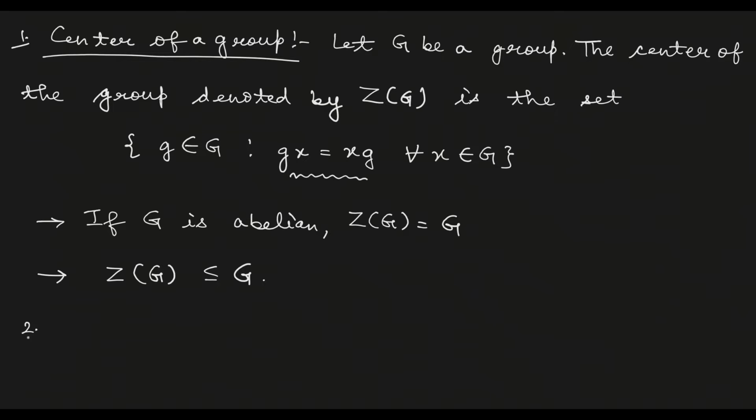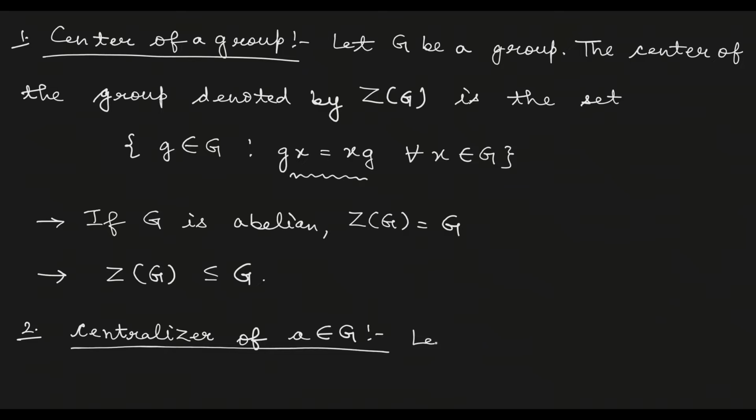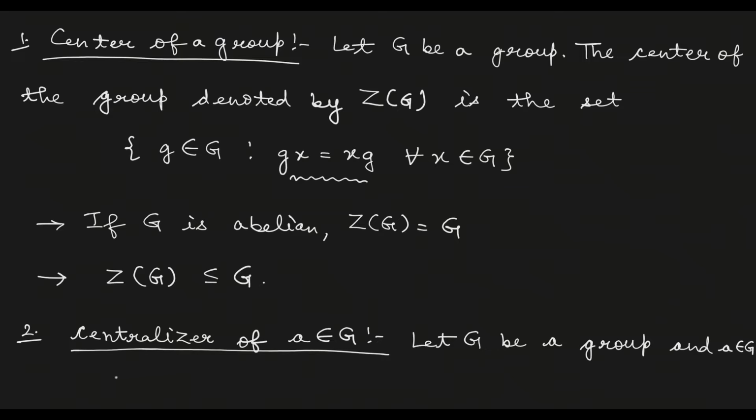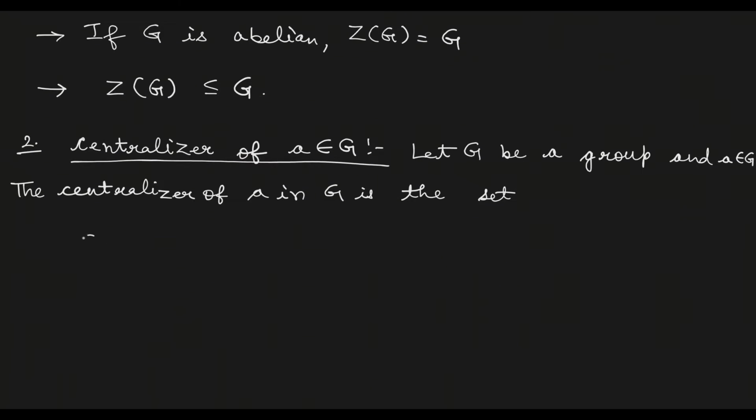Second, centralizer of an element of group G. Let G be a group and a belongs to G. The centralizer of a in G is the set C(a), which is equal to g belongs to G such that ag is equal to ga.